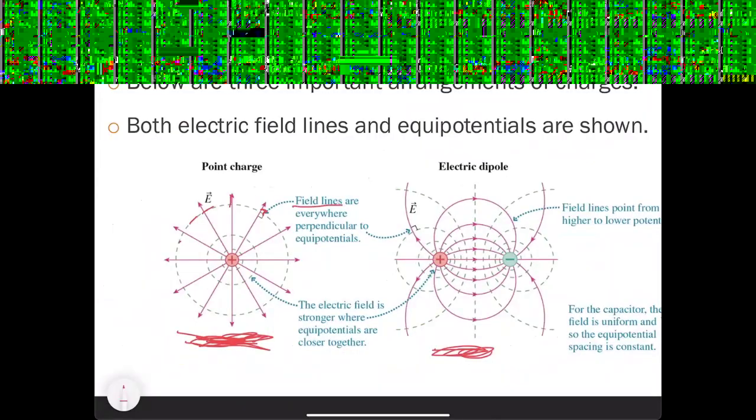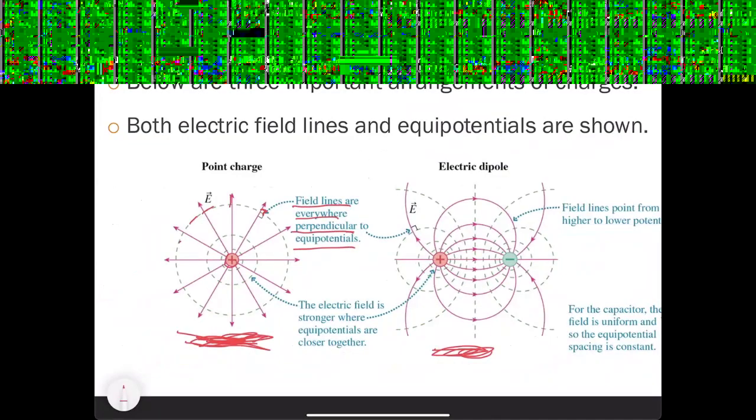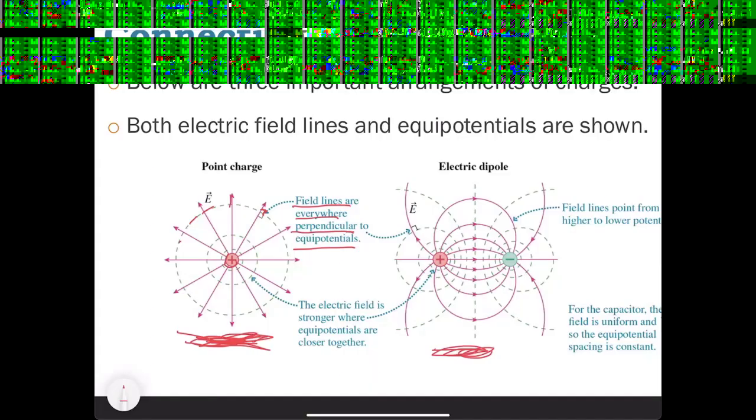Field lines are everywhere perpendicular to equipotentials. And you can see here the electric field is stronger where equipotentials are closer together. That makes sense to you? Which means the electric field is stronger where the equipotentials are close together.